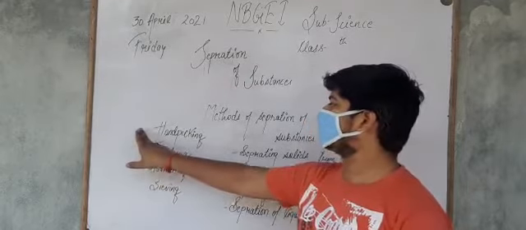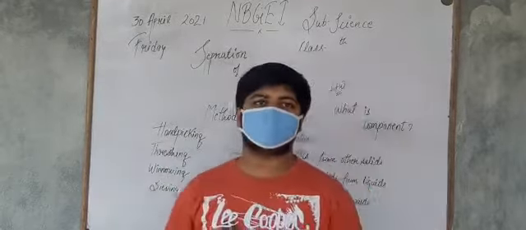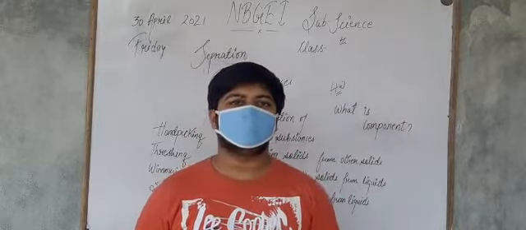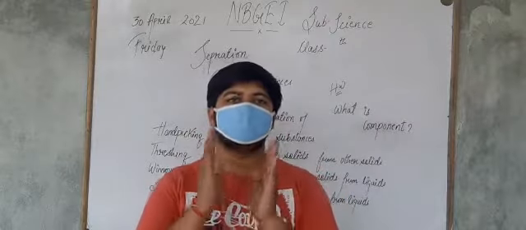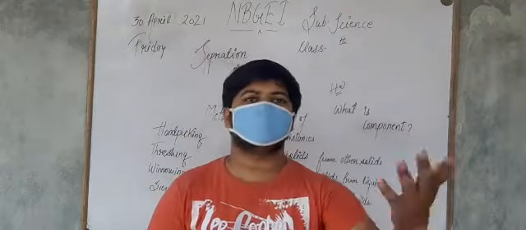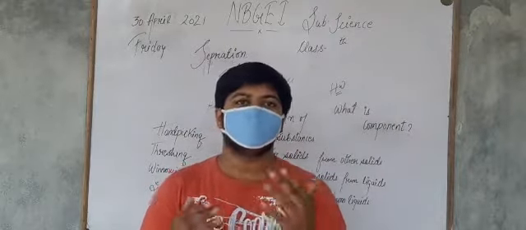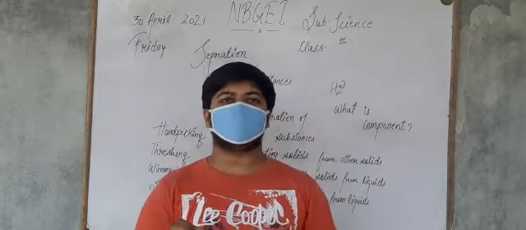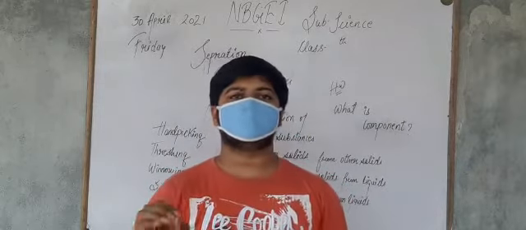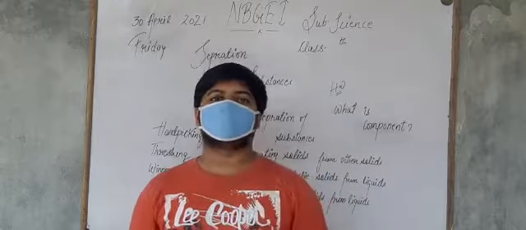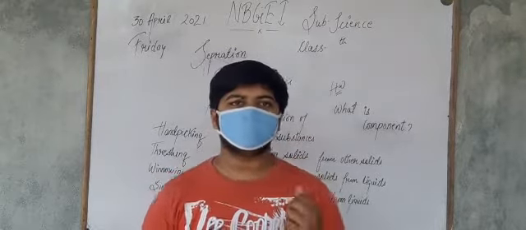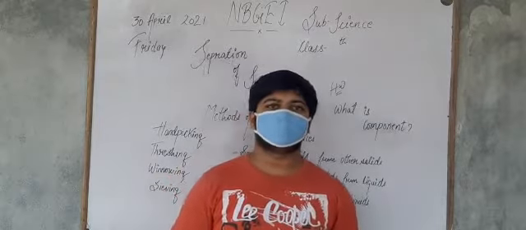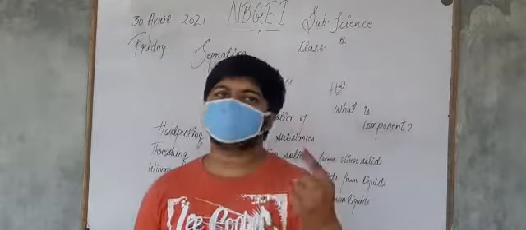Now let's discuss hand picking. What is hand picking? Hand picking is the easiest and most commonly used method for separating the components of a mixture. It involves simply picking out substances by hand, separating them from each other. It is done when, first, the components of the mixture to be separated differ in color, size, and shape.